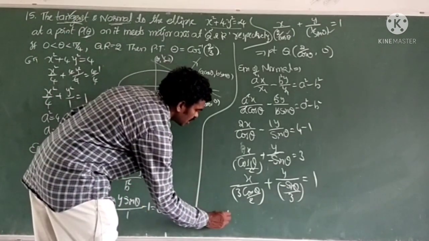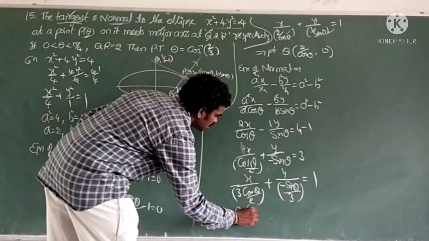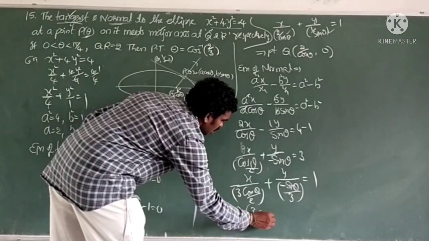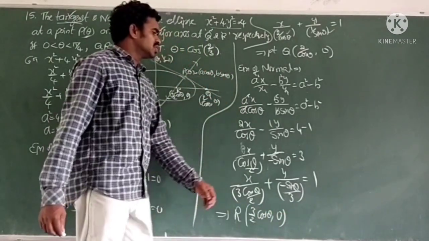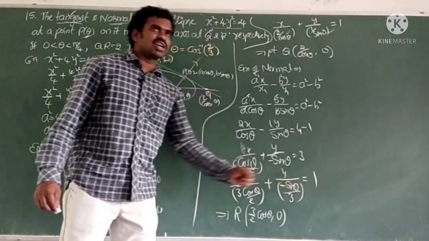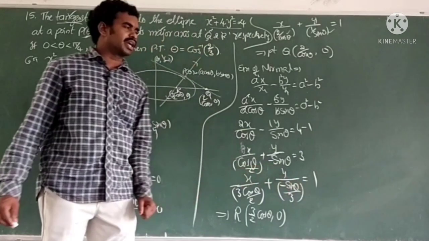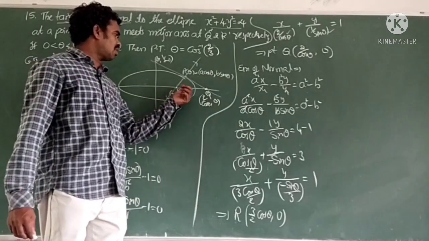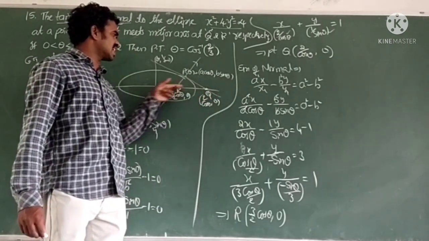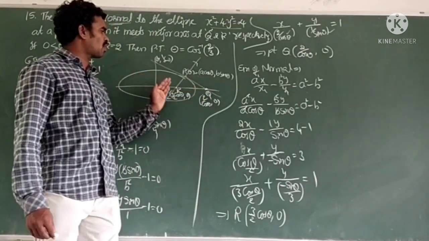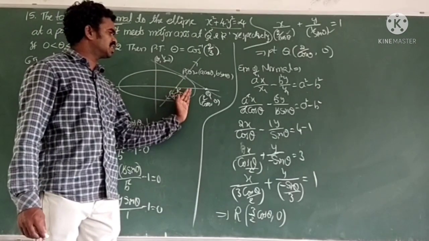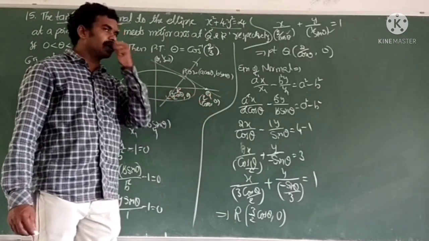So the point R is 3 by 2 cos theta, comma 0. We don't need the y coordinate, because on the major axis, which is the x axis, the point is some x comma 0. So we got 2 points.